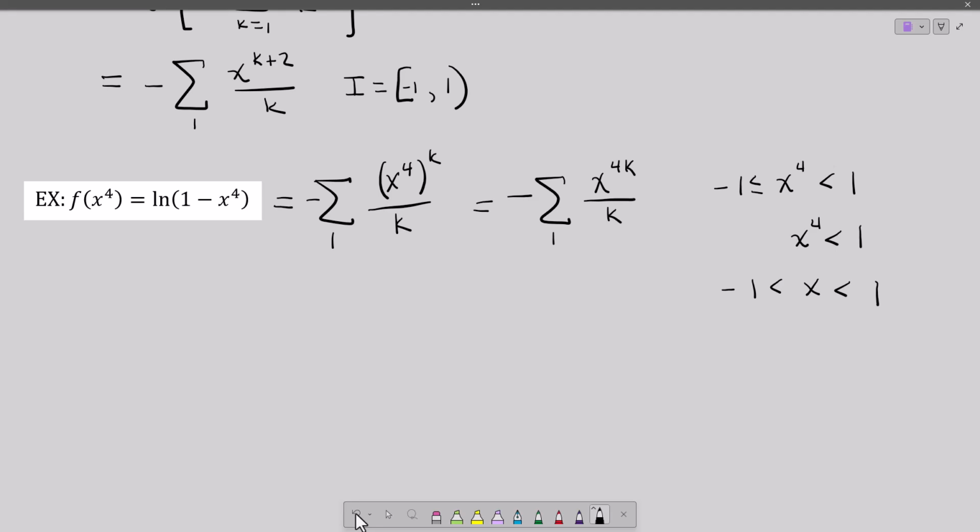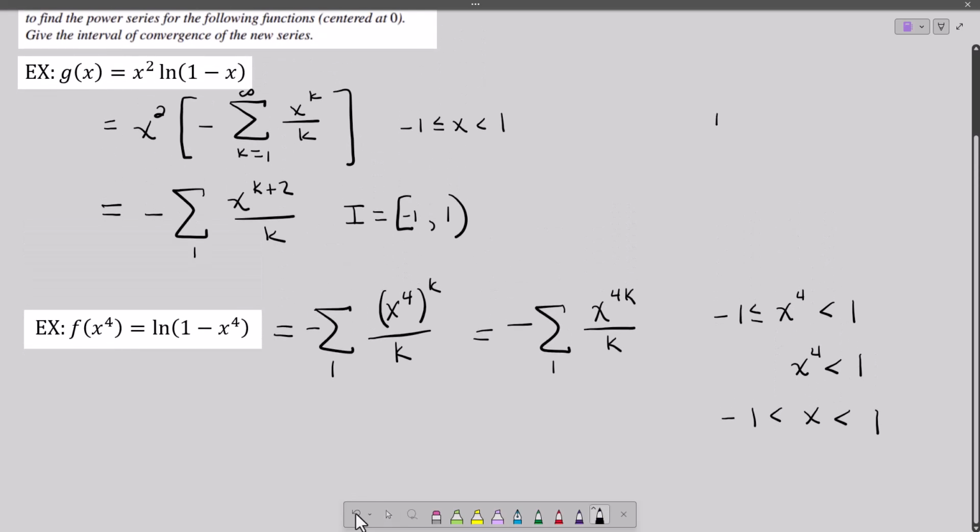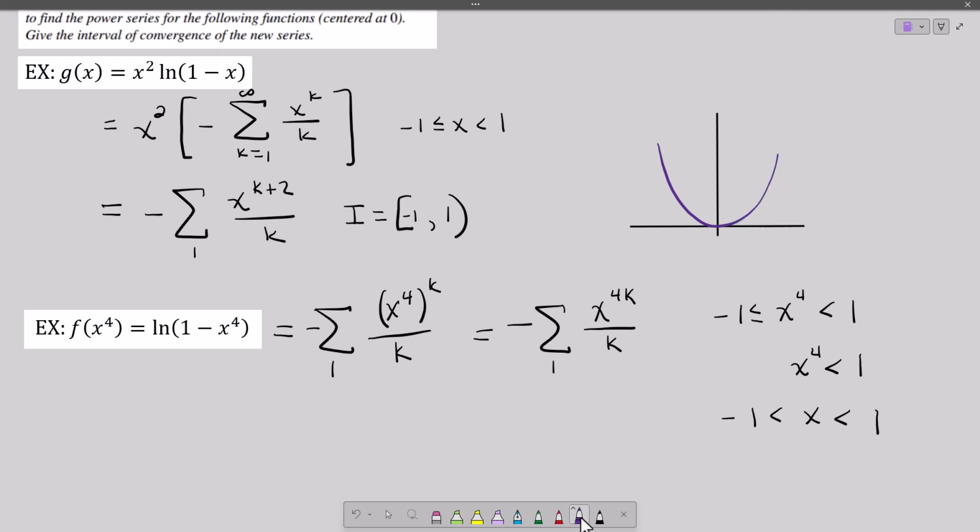So let's look at a picture. If we were to envision x to the fourth, it's something that looks a little bit like a parabola. We are looking to have it between -1 and 1, so the values are on the y-axis. And like we just said, x to the fourth is always bigger than -1. That part's always true. And we want to know what x's force it to be between -1 and 1.